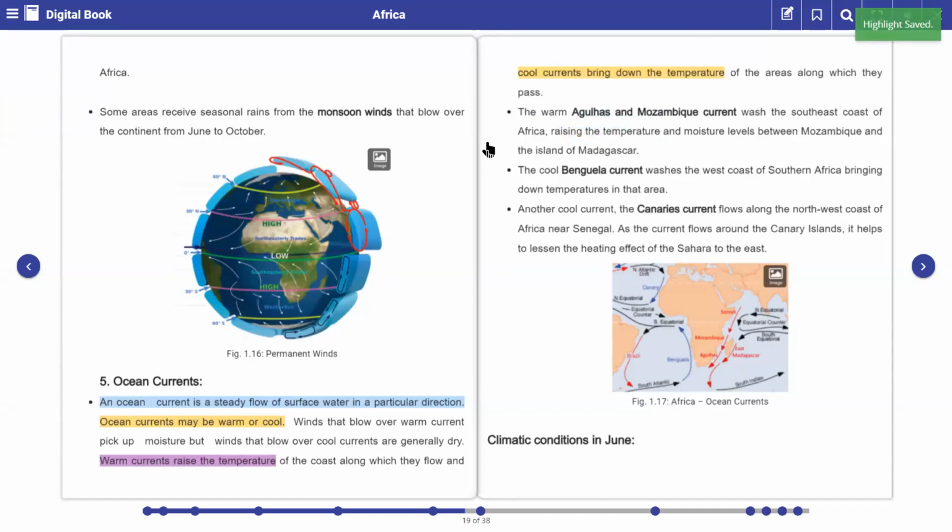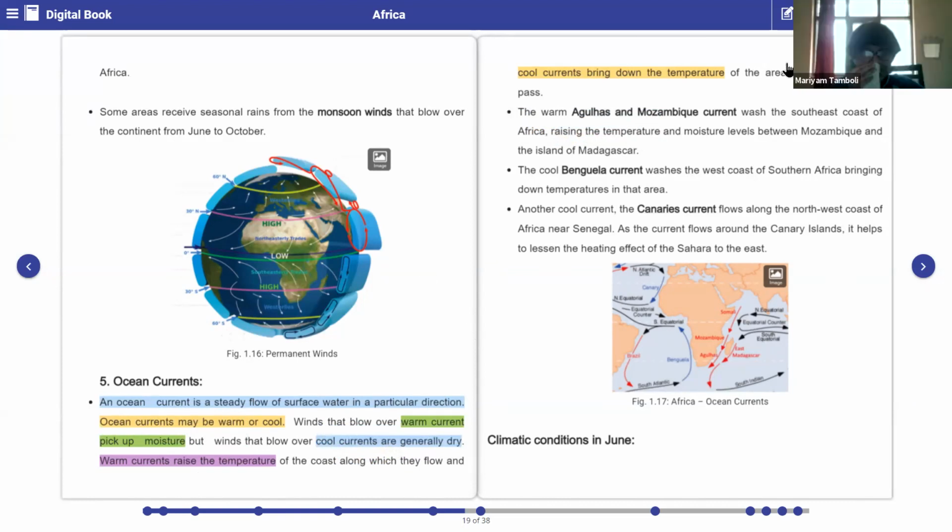Underline the first point also, second last line: warm currents pick up moisture. And then underline the other part also, that cool currents are dry. So these are the two differentiations. Did you all get the two points? Yes, children?